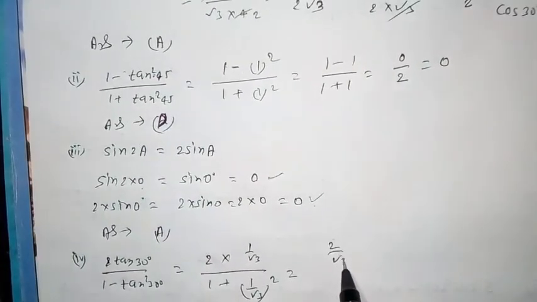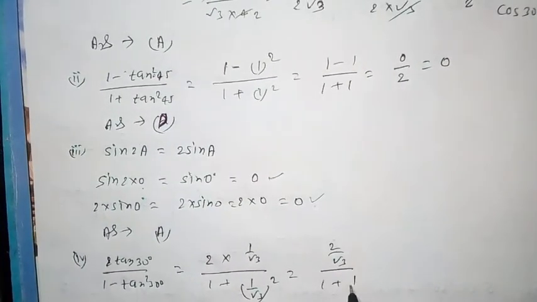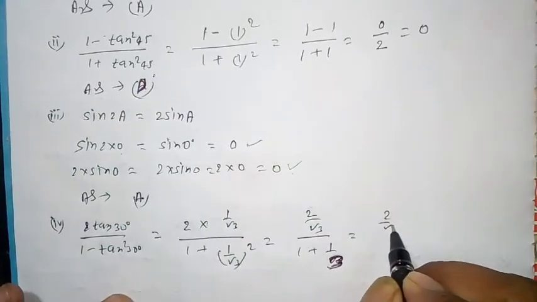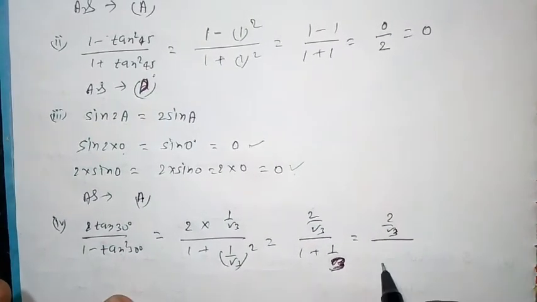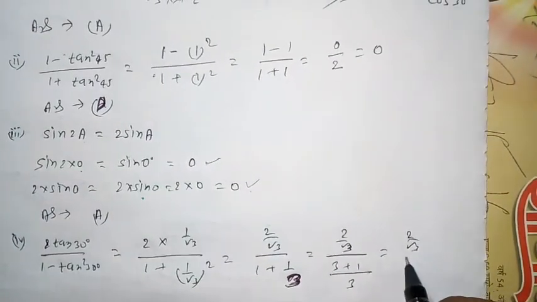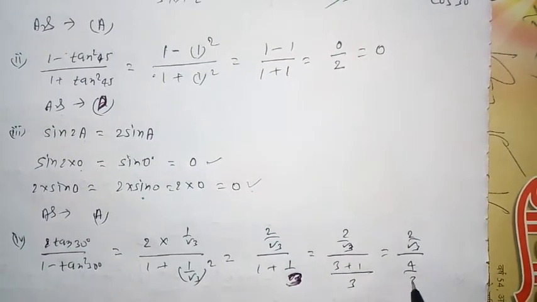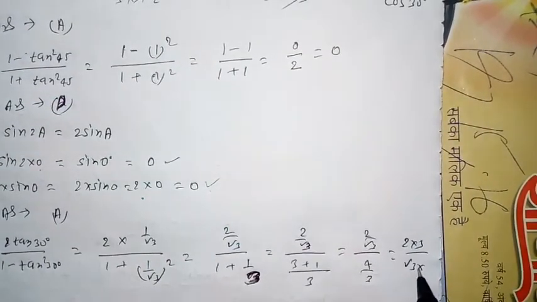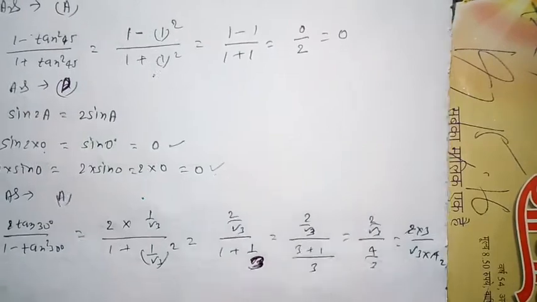Then 2 by root 3 by 1 minus 1 by 3. Then 3 minus 1 is equal to 2 by root 3 by 2 by 3, which is equal to 2 into 3 by root 3 into 2.